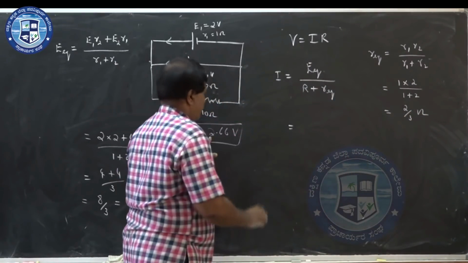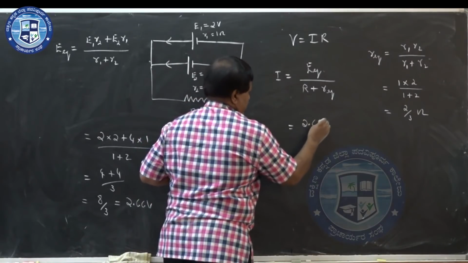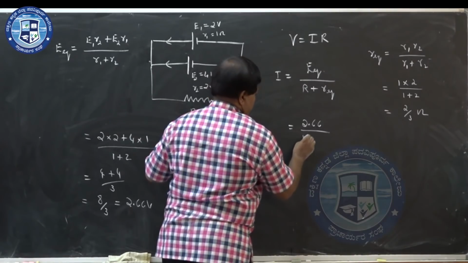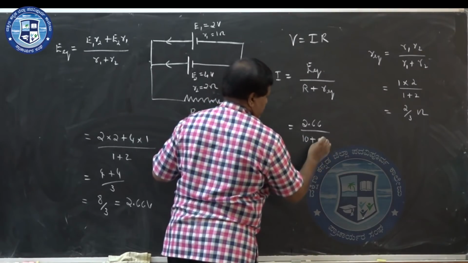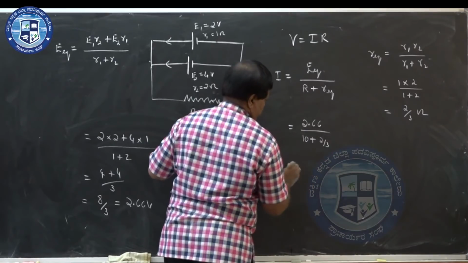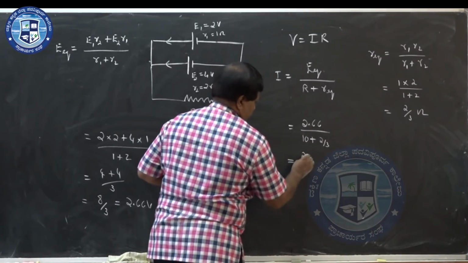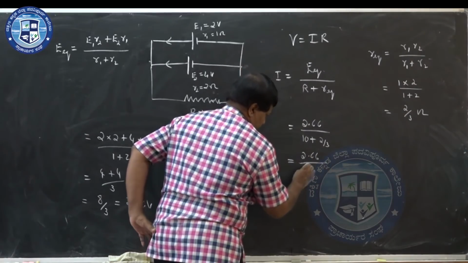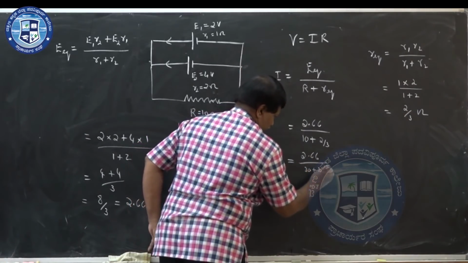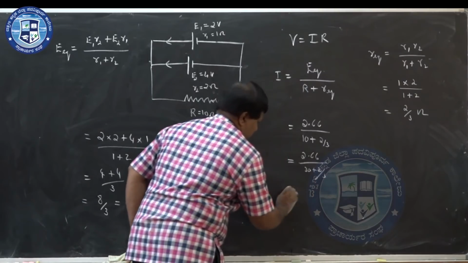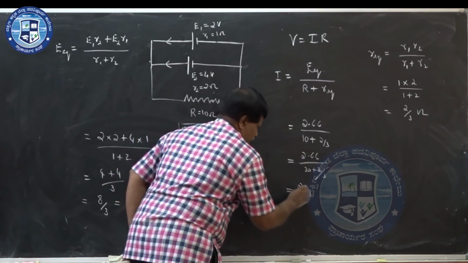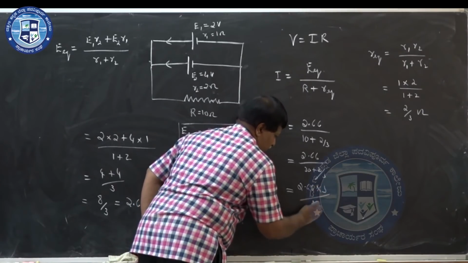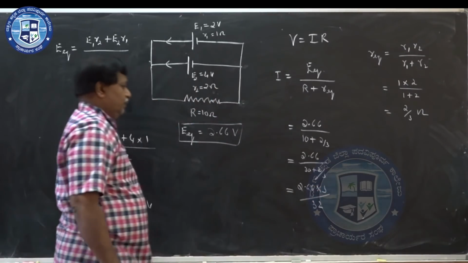Now, 2.66 divided by the external resistance 10 plus 2 by 3. So 2.66 divided by 30 plus 2 by 3, which is 2.66 into 3 divided by 32.